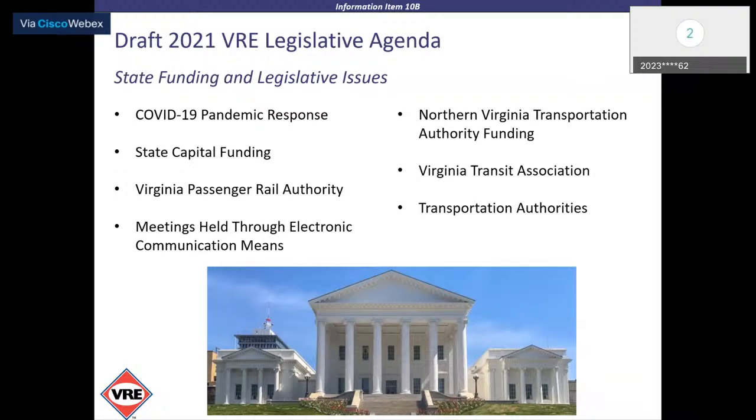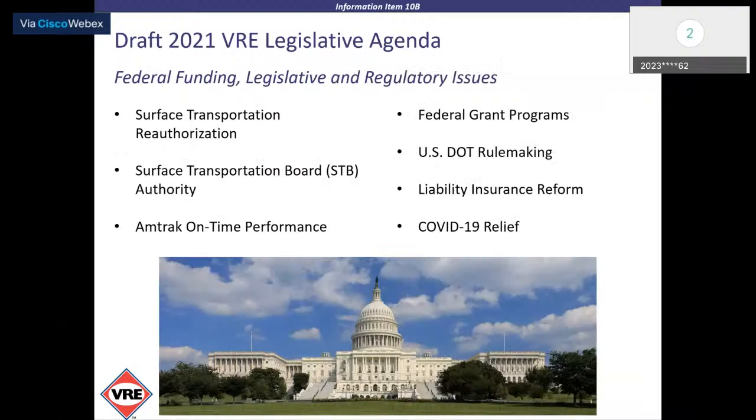On the federal side, these are mostly items that continue on from this year, I guess, technically. Surface transportation reauthorization, Congress has punted on this. There's a continuing resolution, so we'll start working on this again next year. The Surface Transportation Board Authority, this is an issue that we've been watching for a couple of years now.